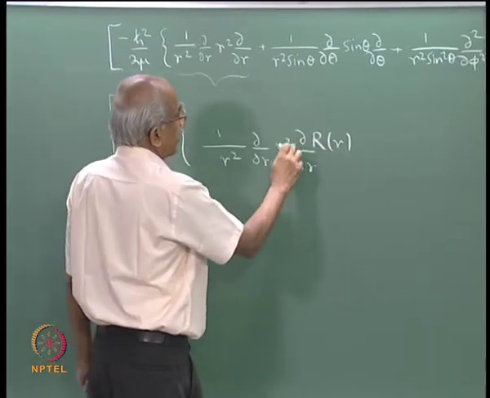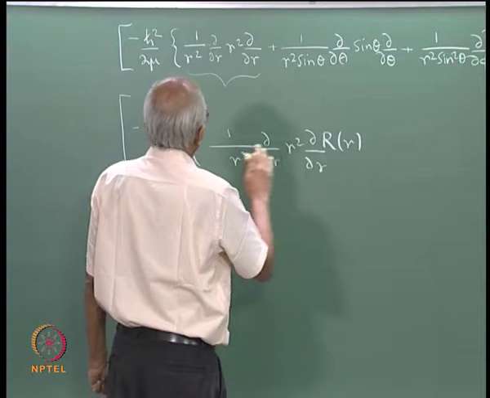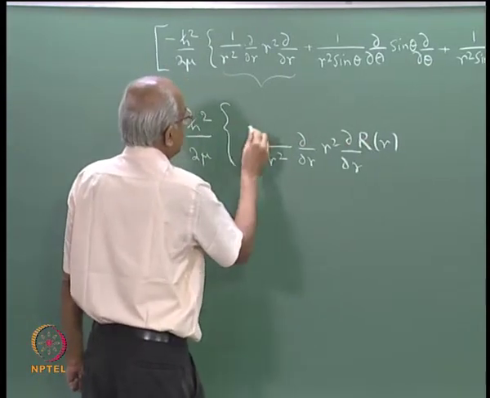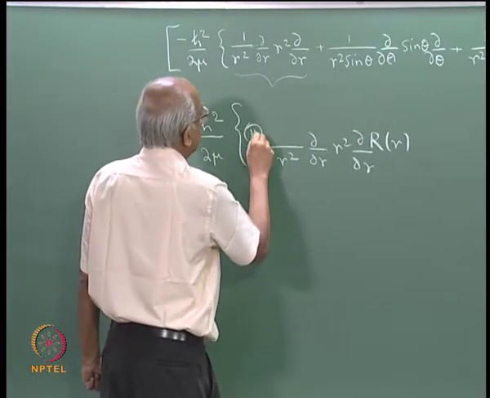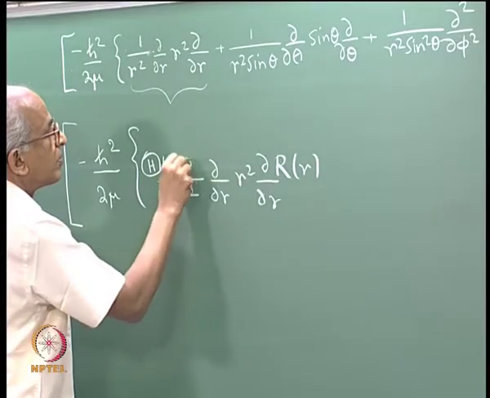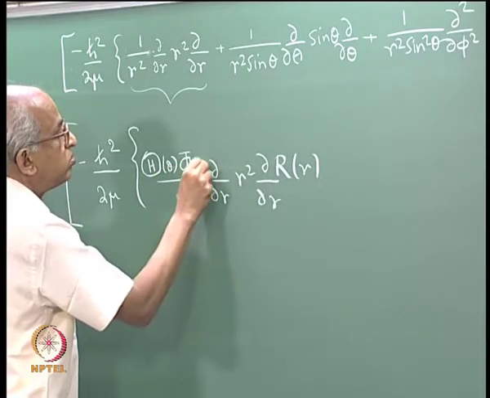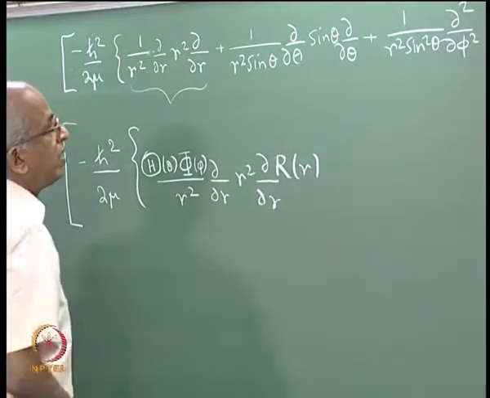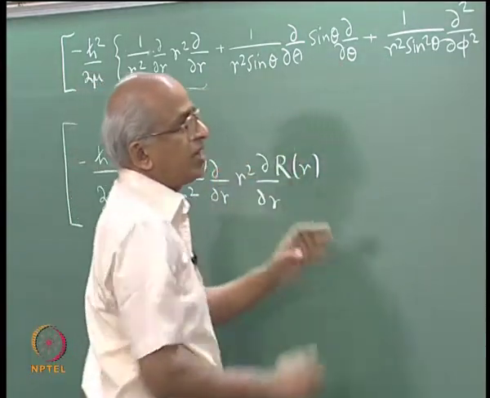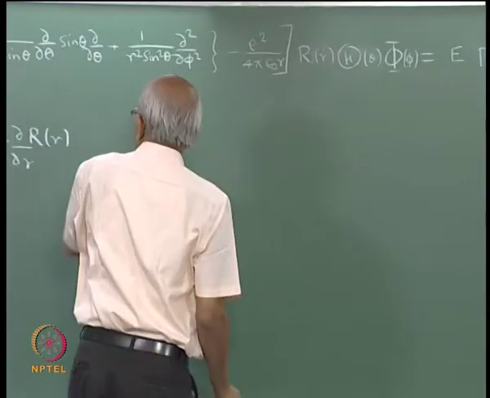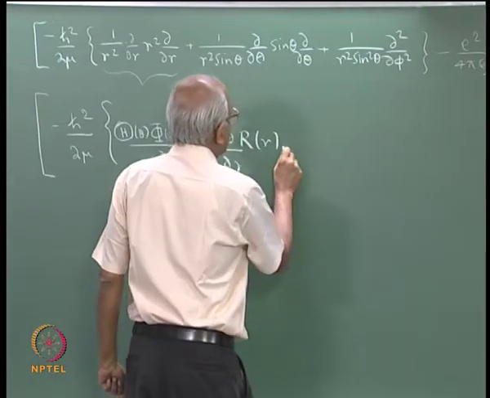So, this operator affects capital R, but it does not affect the two other things, which can be taken and written here. Similarly, this operator will affect only capital theta, so we can do a similar thing with that operator. What would be the result?